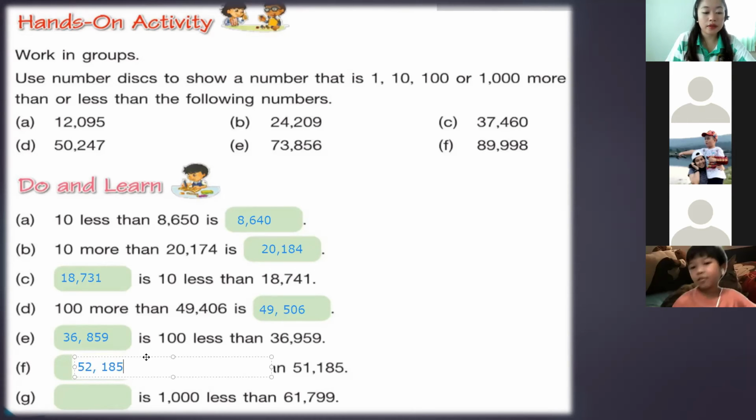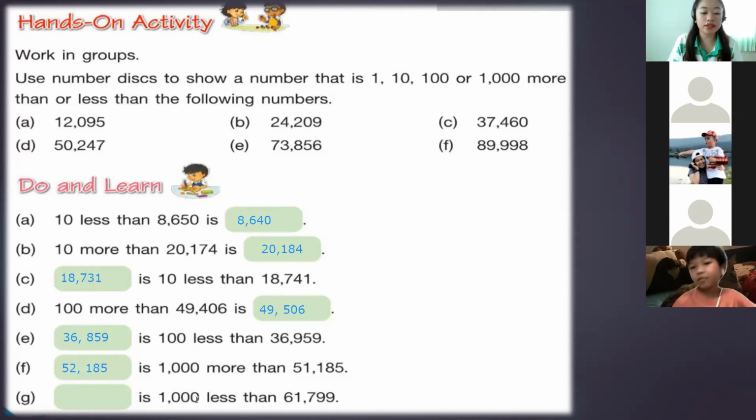So that is the answer for letter F. 52,185 is 1,000 more than 51,185.